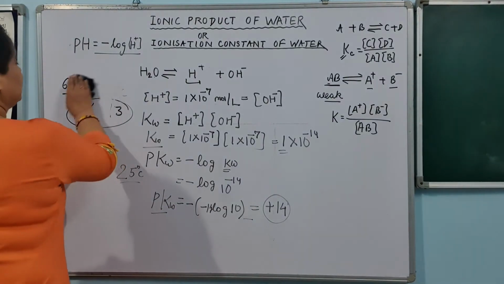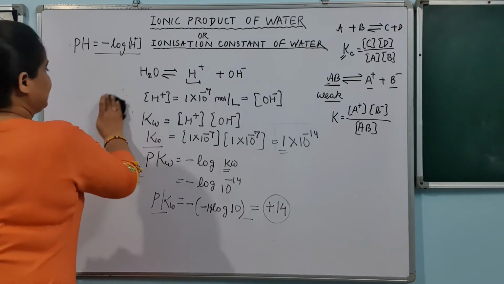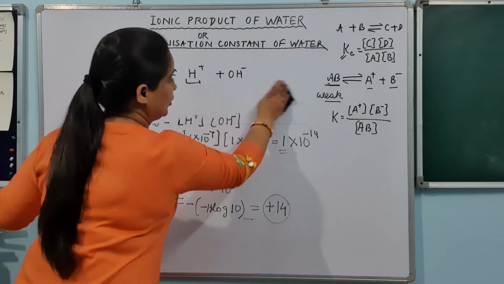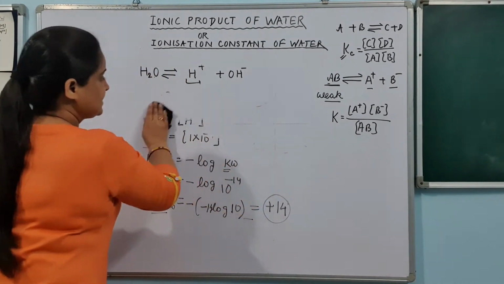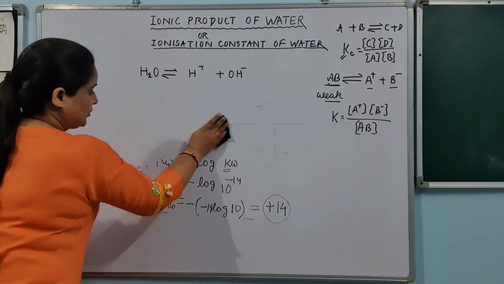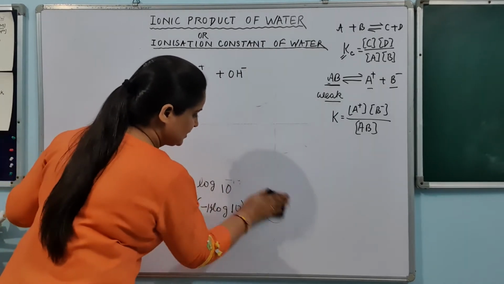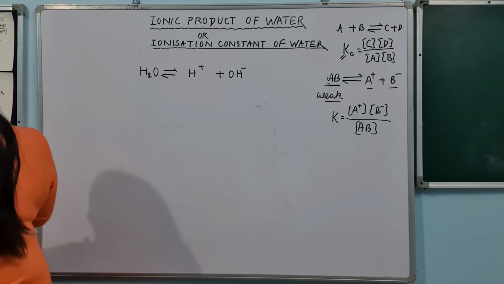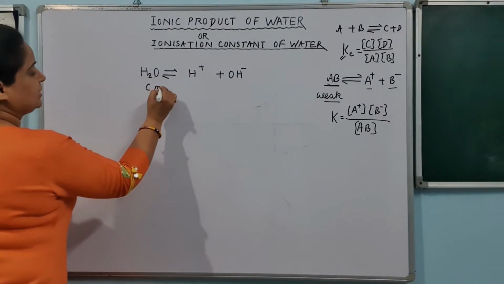Now let us apply this concept of Ostwald dilution law to the dissociation of water. See how we are going to apply the Ostwald dilution law concept. Just imagine that we have taken the concentration of water as C moles per liter.